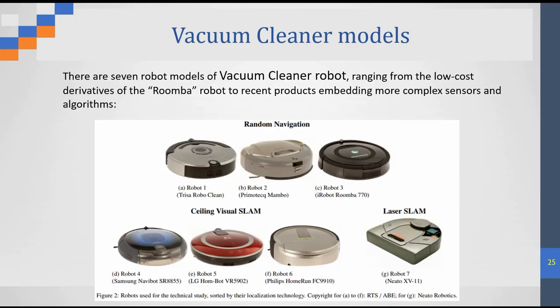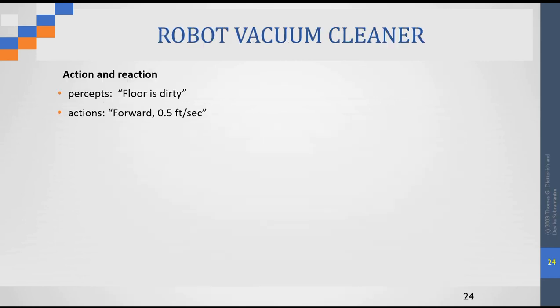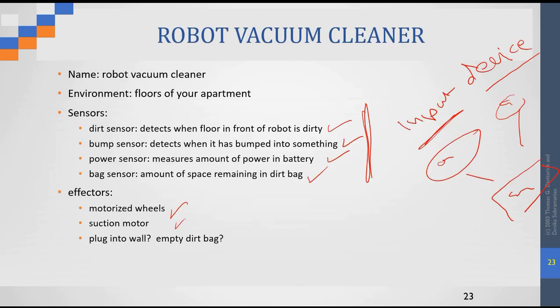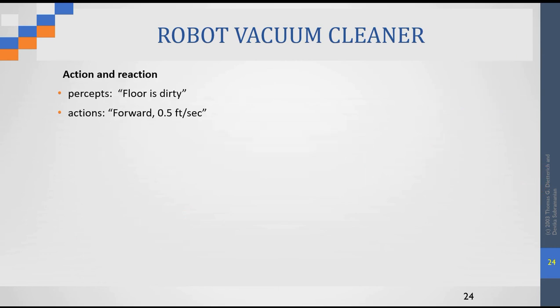So guys, as we see here, here is the design, the internal design. We can say it is the components of the system. This is also action and reaction, which is based on the system.